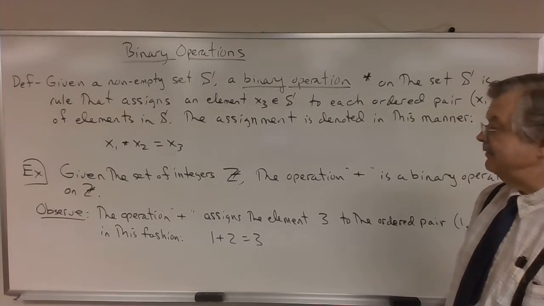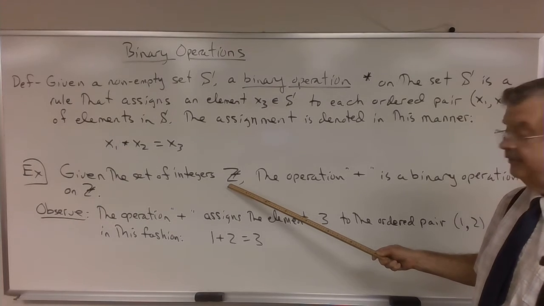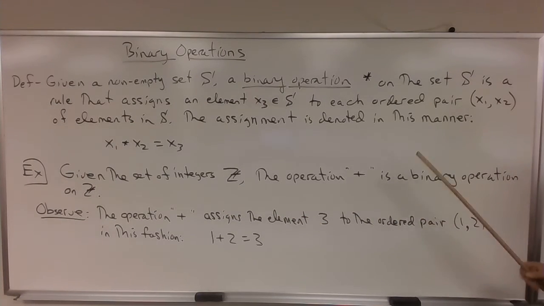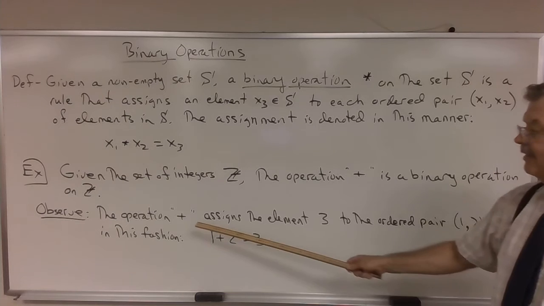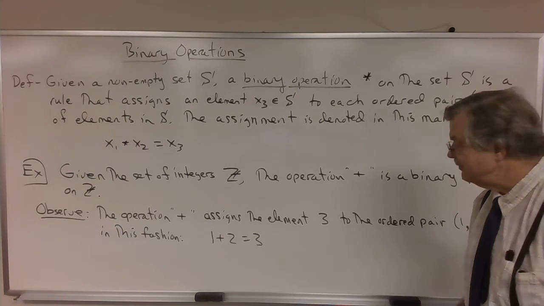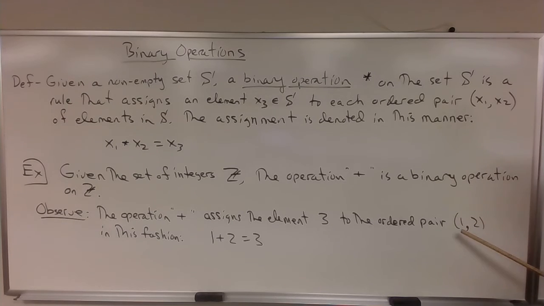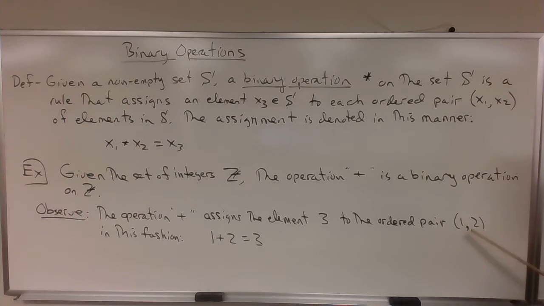For the sake of example, let's consider the set of integers Z. The operation plus is a binary operation on Z. And here's an example. The operation plus assigns the element 3 to the ordered pair 1, 2. So 3, 1, and 2 are all integers.